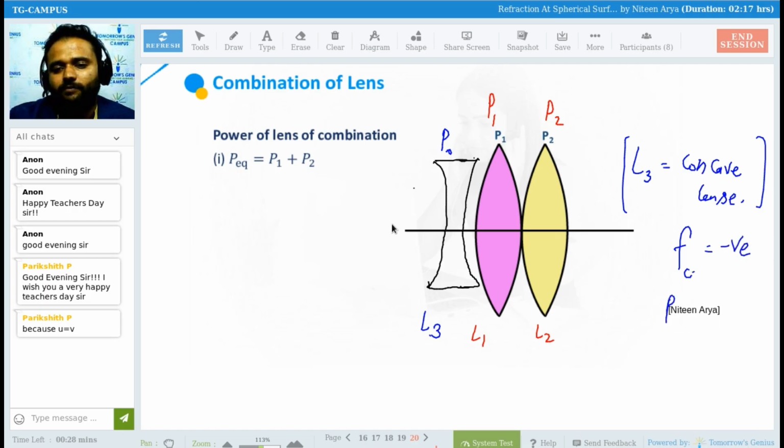So obviously the power P naught is going to be negative, or negative of P naught directly. So now the equivalent is going to be negative of P naught. Is this clear, everyone?